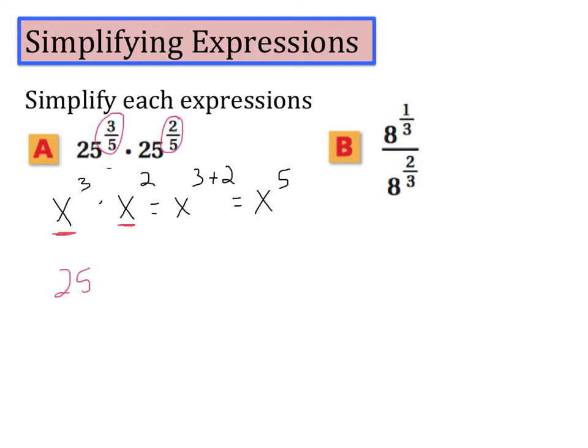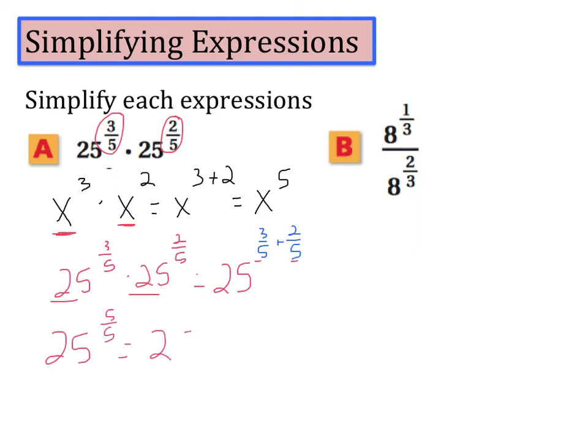Here we have 25 raised to the 3/5 times 25 raised to the 2/5. Since these bases are equal, all we do is add the exponent values. So it's 25 raised to the 3/5 plus 2/5. This is easy because they have the same denominator, so we can add them. So it's 25 raised to the 5/5, which is the same as 25 raised to the 1, which is just 25.